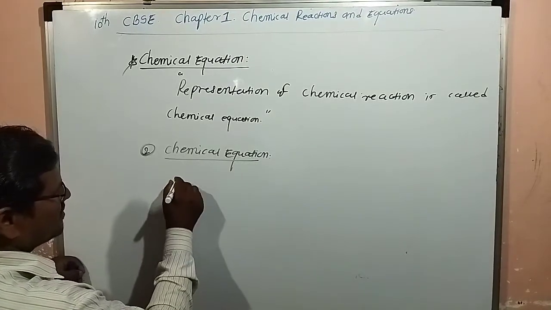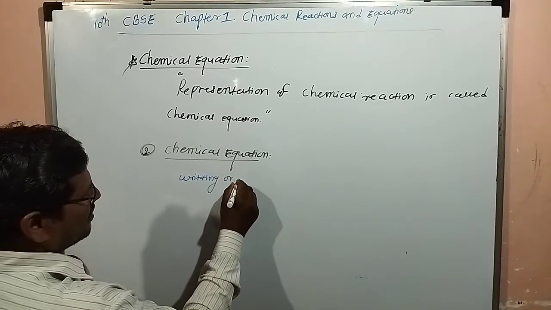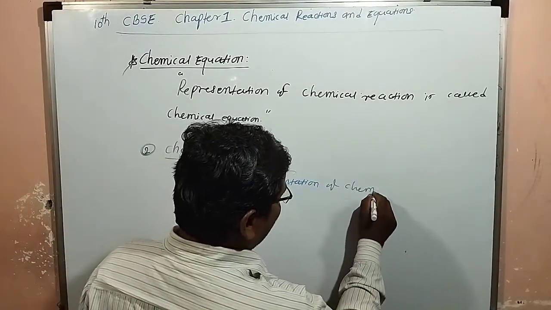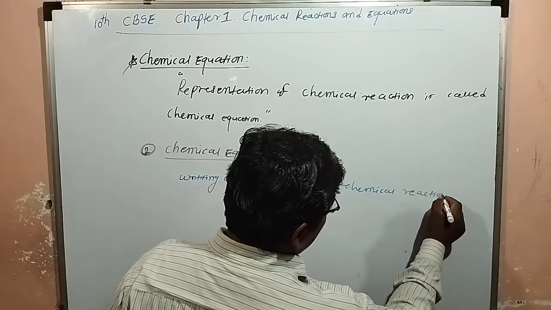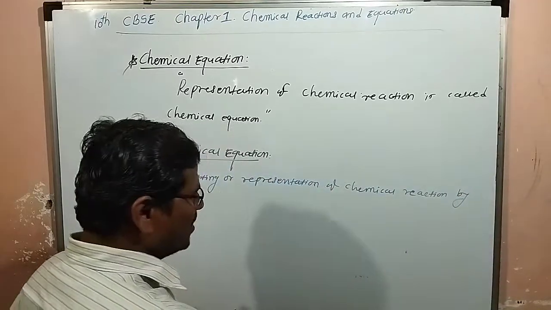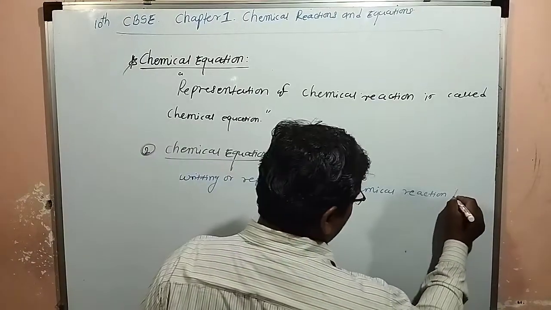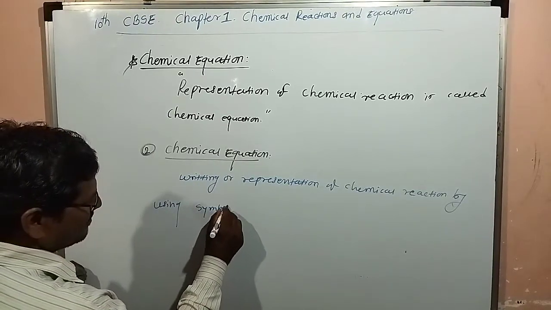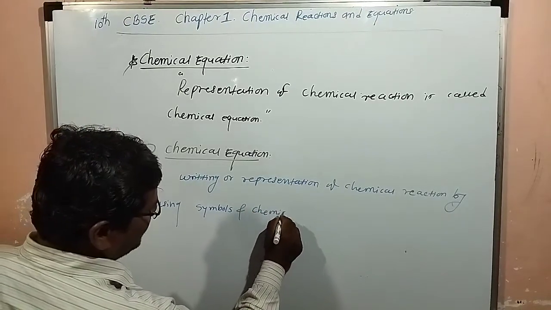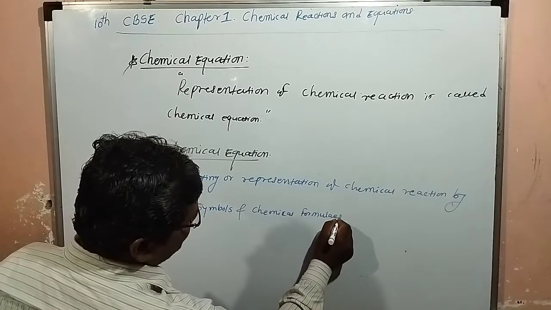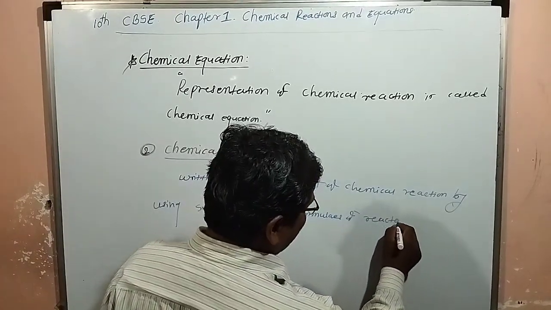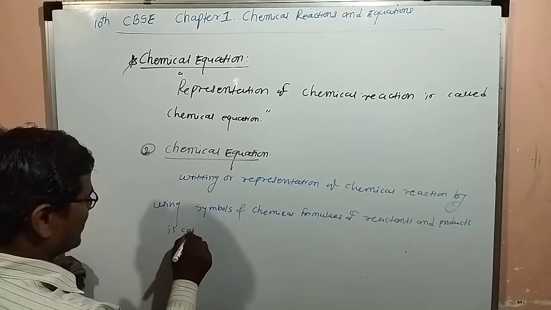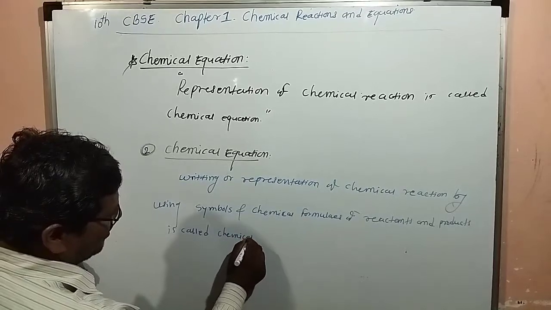So writing or representation of a chemical reaction by using symbols and chemical formulas of reactants and products is called chemical equation.